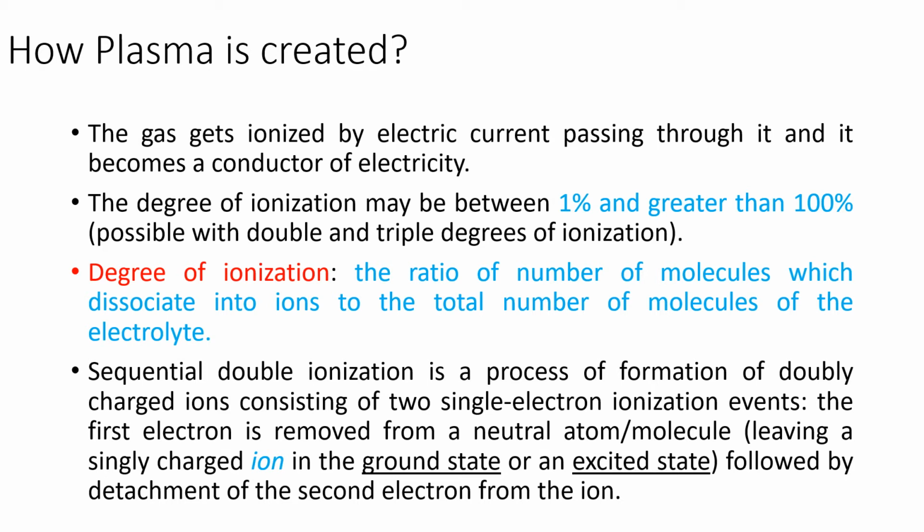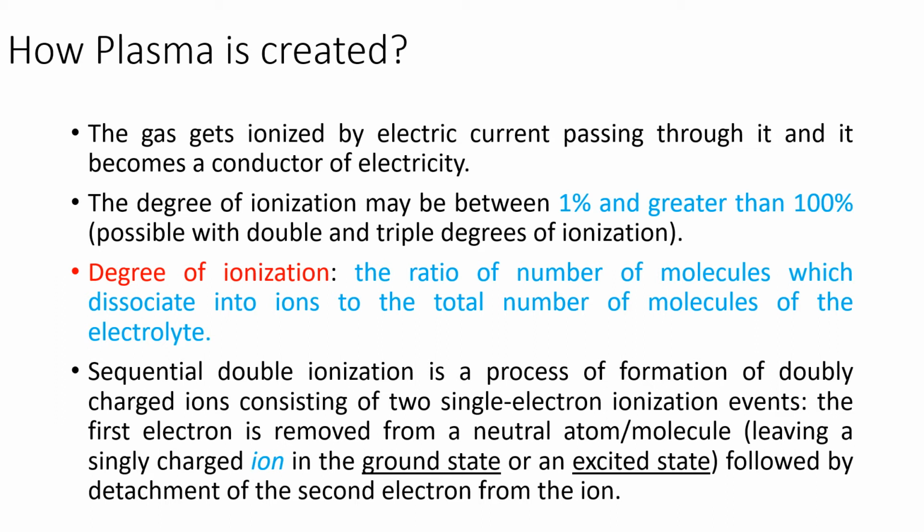The gas gets ionized by electric current passing through it, and it becomes a conductor of electricity. In the last slide, we have seen that by adding energy to the gas, it becomes ionized.